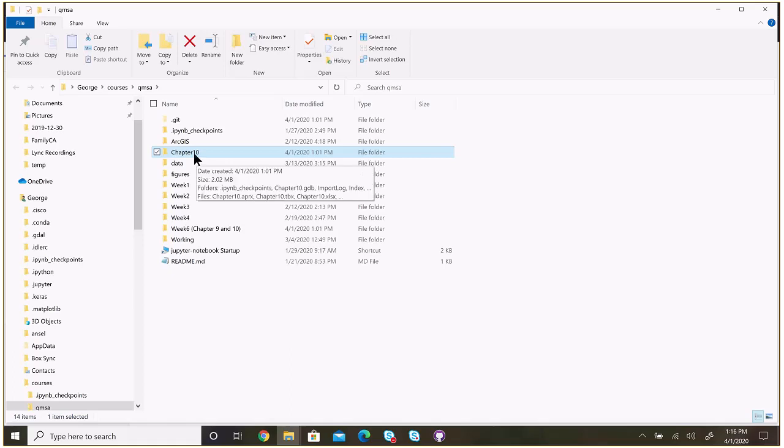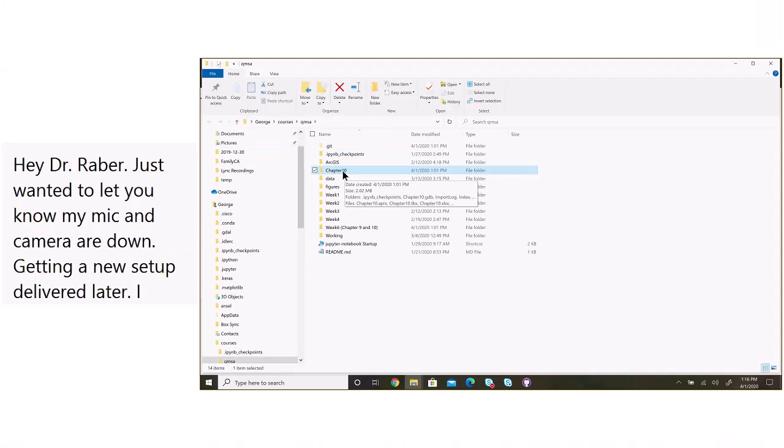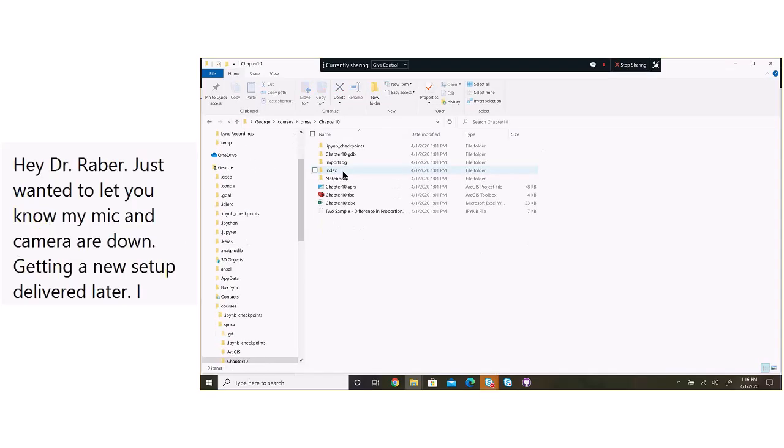And so we have a chapter 10, and after class I'll publish chapter 11. So the chapters will have any examples that I go through, as well as the data that you'll need to complete the assignment.